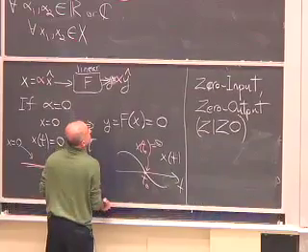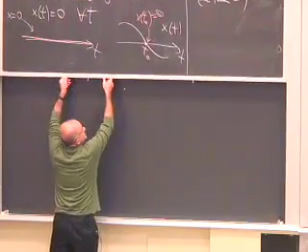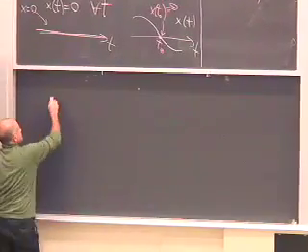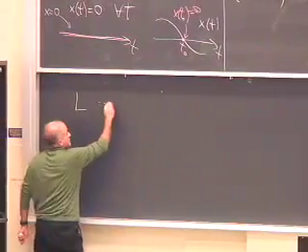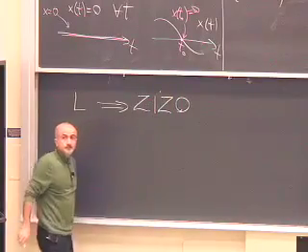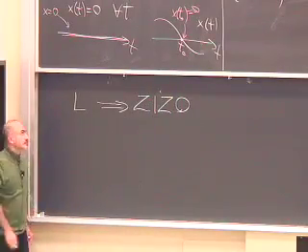You've got to be very clear about the direction of the inference here. So if a system is linear, it implies that it has the ZIZO property. Okay?